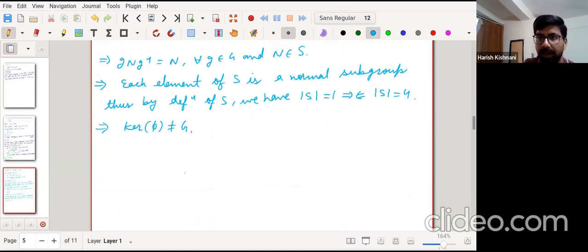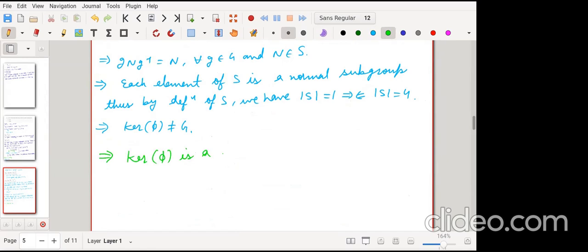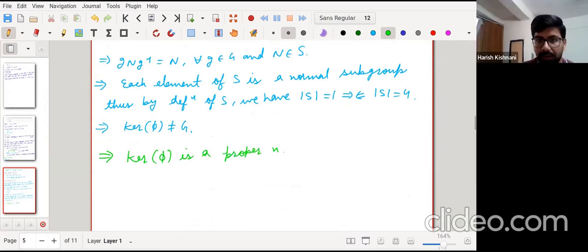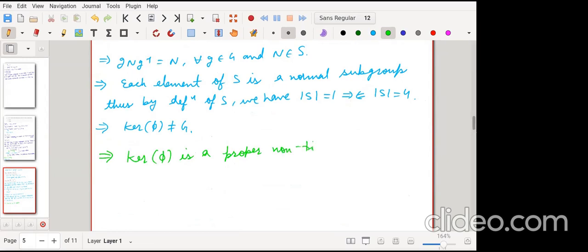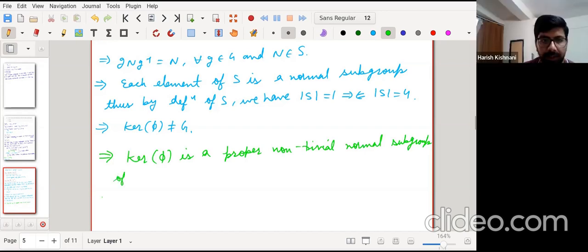So combining both of these facts, we can say that the kernel of phi is a proper, non-trivial normal subgroup of G. And what does this mean?